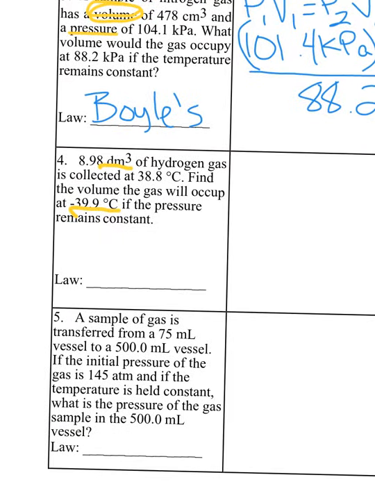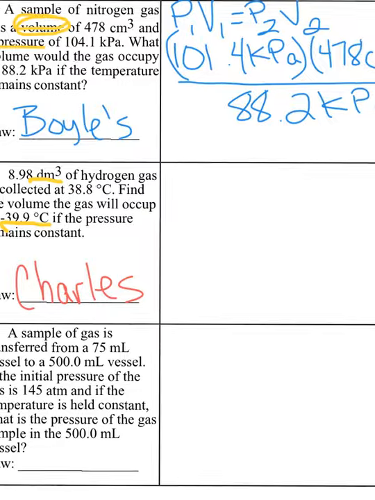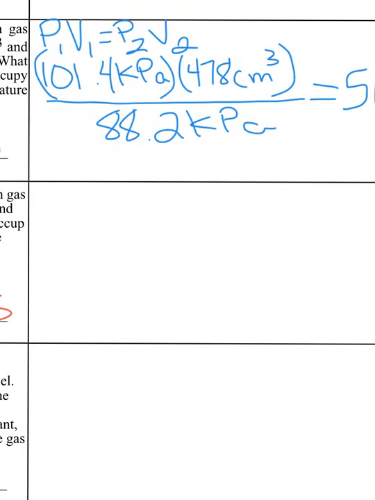What law deals with volume and temperature? Charles' law. So what is Charles' law? V1 over T1 equals V2 over T2.